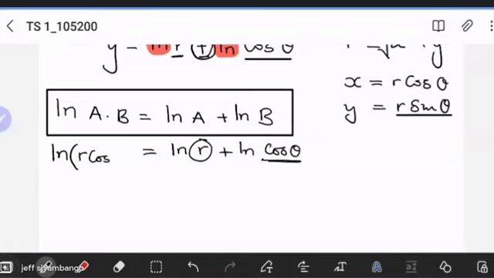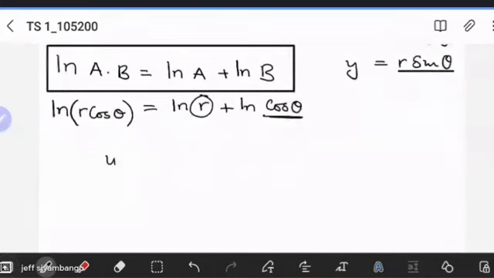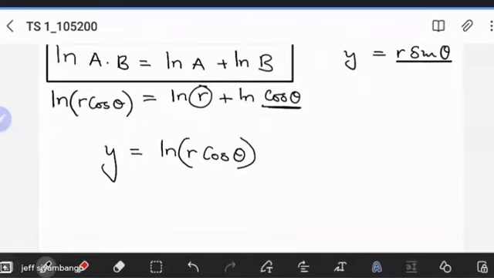So it reduces to this form. So the right-hand side here can now be written as ln of r cos theta. So ln of r cos theta, guess what? Another expression we can relate to the Cartesian has showed up.